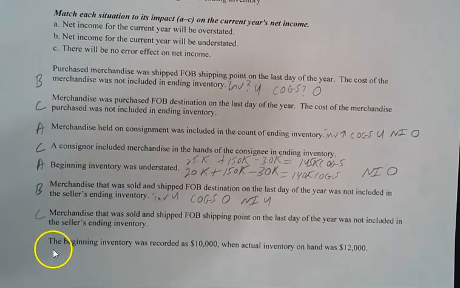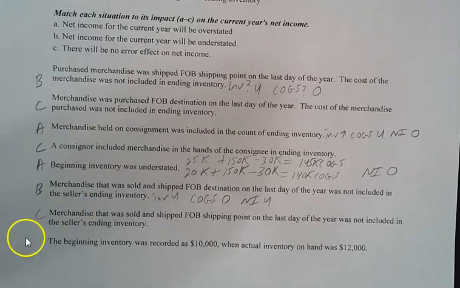Okay? The beginning inventory was recorded as $10,000 when actual inventory on hand was $12,000. Well, if we think about this, we have this exact same question right here. It's just they didn't give us any figures. But I'm not going to do this because I did an example right up here, but you could plug this in the same way that we did here, just substituting the 20K for the 10K and the 12K for the 25K here.